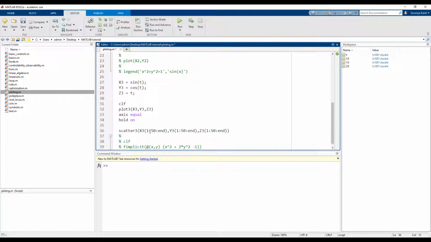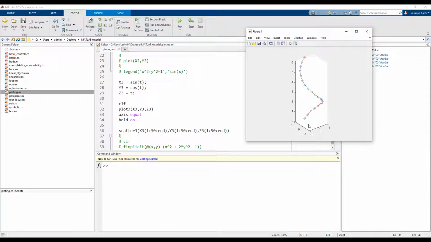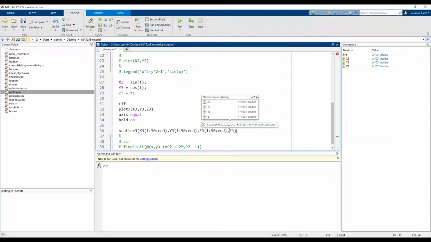I'm doing a very similar thing to what I did previously. In x I'm starting with 1 and going till the end, but only taking every 50th point, and similarly for y and z. If I now run it, you will see that these are circles. Suppose I want them as x's. I can give a comma and specify cross.